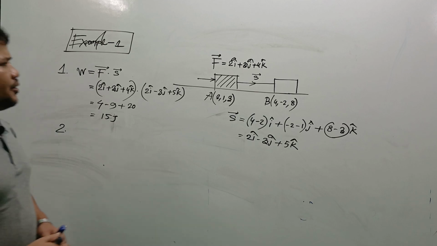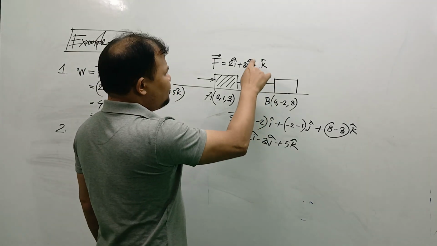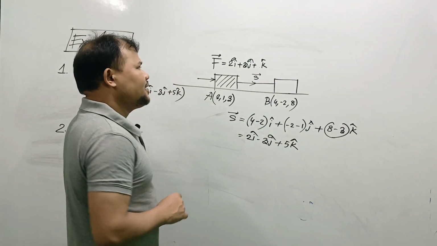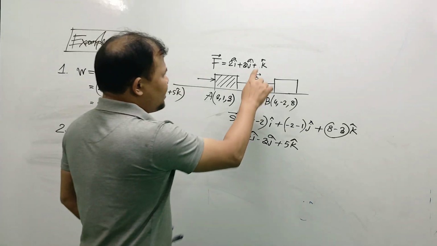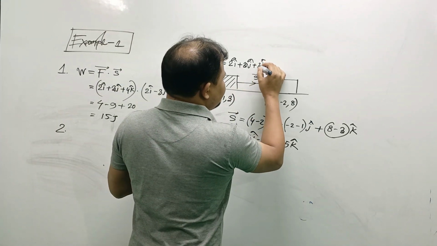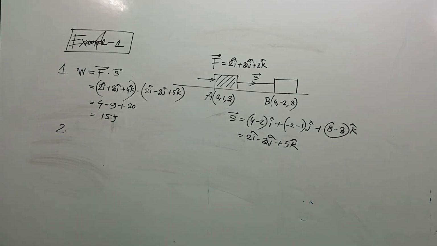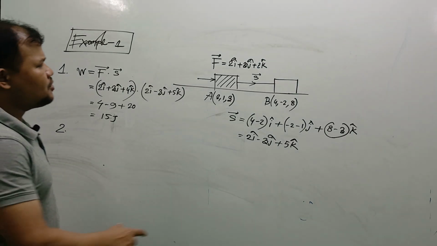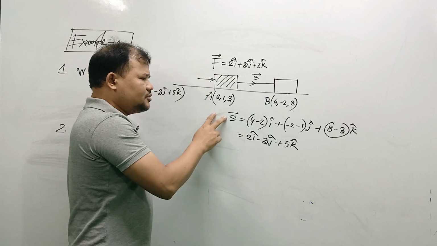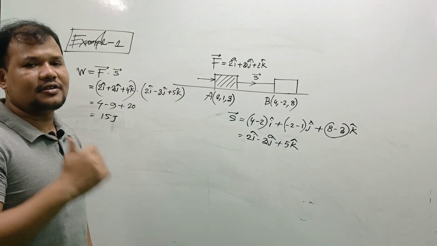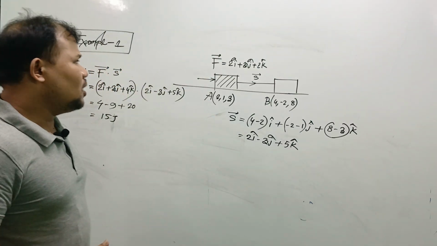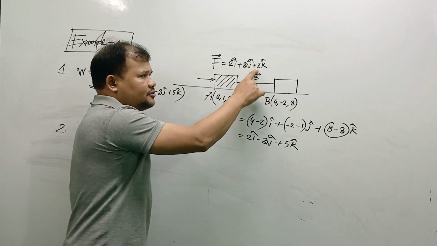Our problem number 2: if the force is 2 i cap plus 3 j cap plus z k cap. Our question is, if the work done because of this applied force and this displacement is exactly 0, then what will be the value of z?